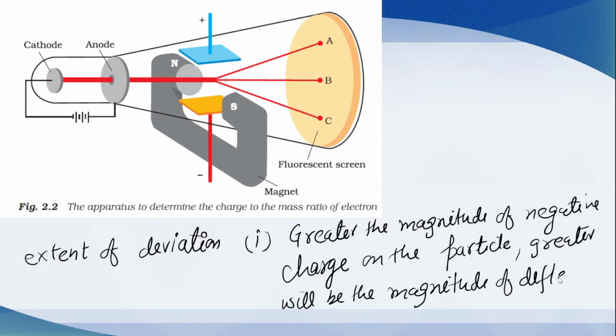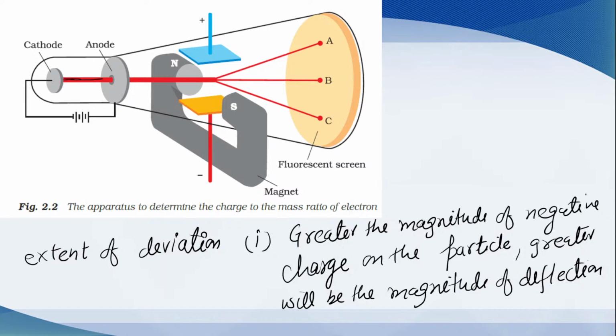See, when negative charge increases, because it is moving from cathode towards anode, these are cathode rays, and cathode rays are beam of electrons.